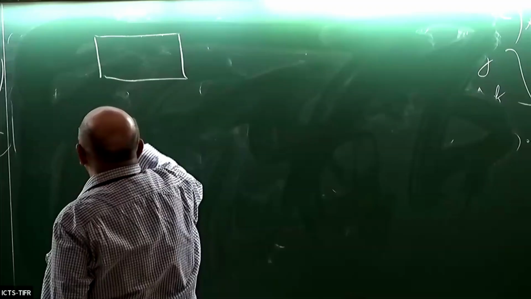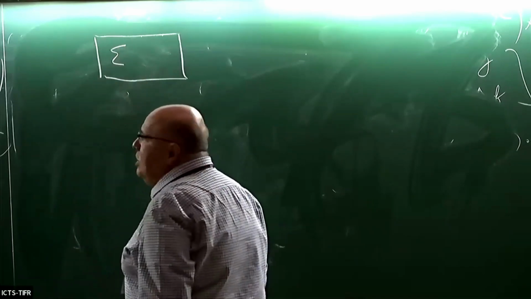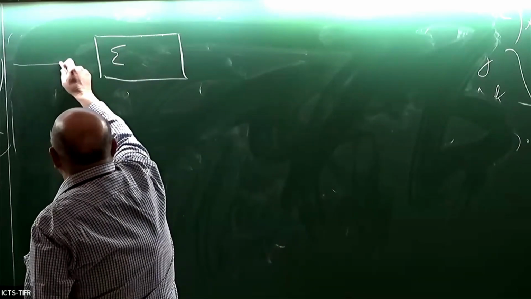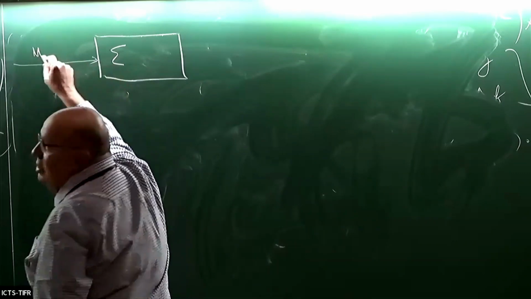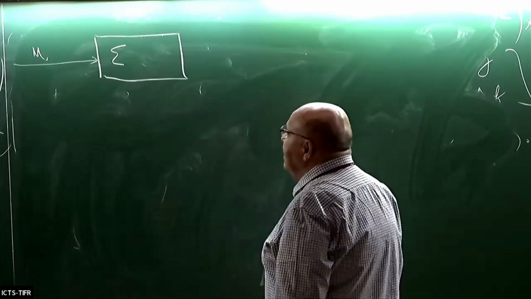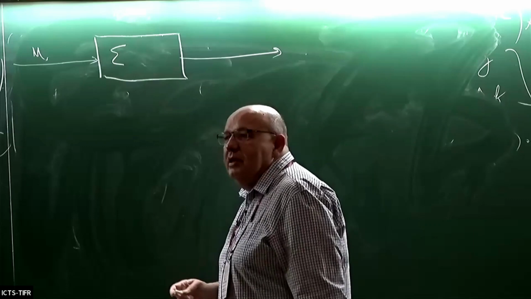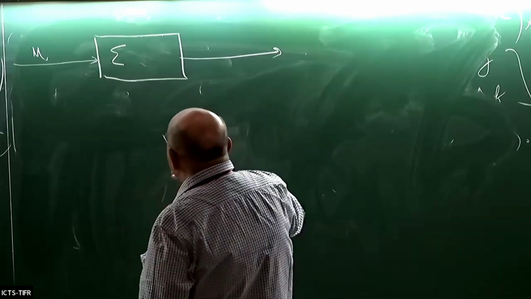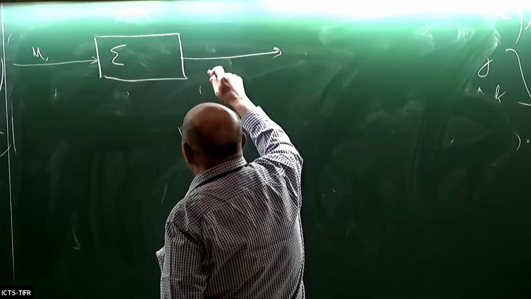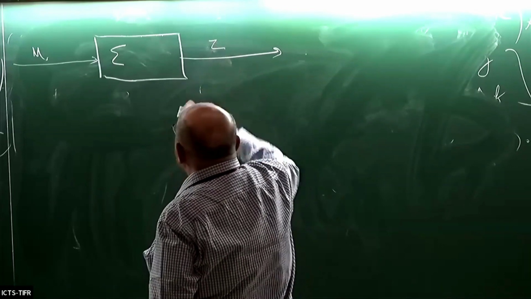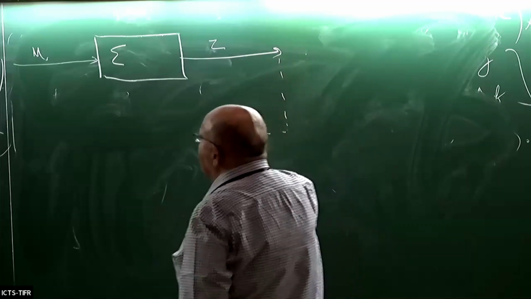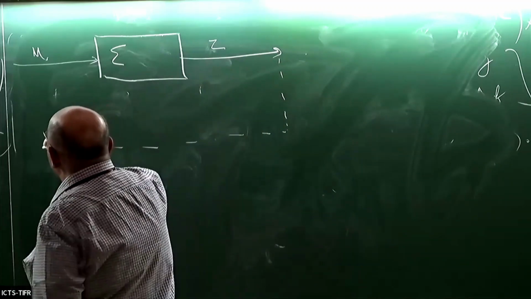This is a system sigma, in which you put an input, which is a function u, and you get in principle an output, which here will be the whole state. The state of the system will be my output z, let's say, and then possibly, which I will not do here, we measure the output and we come back with a feedback, which is very interesting for applications, but we will not discuss here.